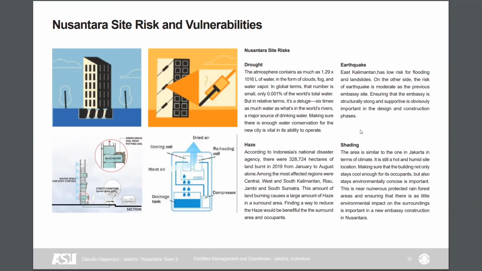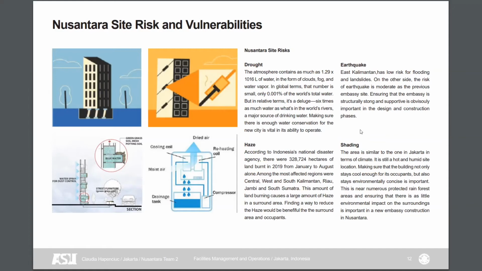Another one is earthquakes, and it's pretty much about the same within the Jakarta area. It's pretty moderate, and so within the new embassy, we still want to make sure that the building and compound is strong and supportive and is prepared for any potential earthquakes that may come in the future.